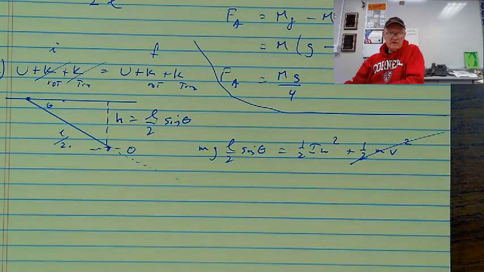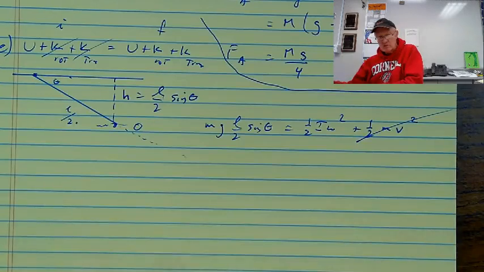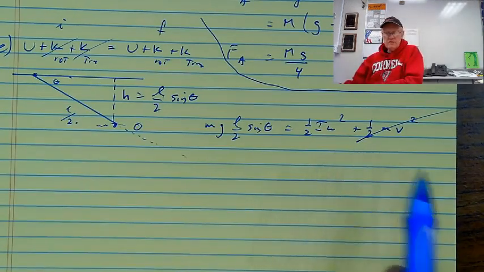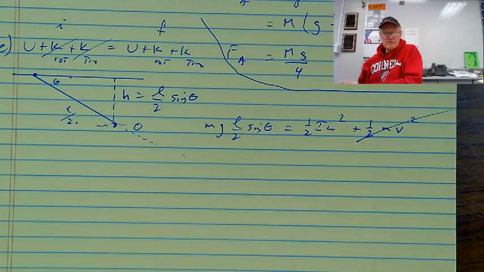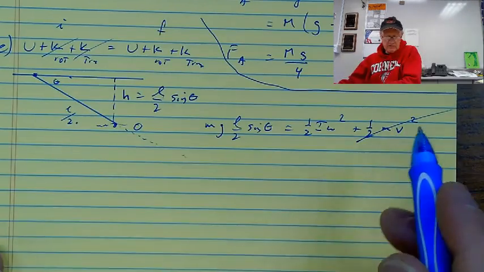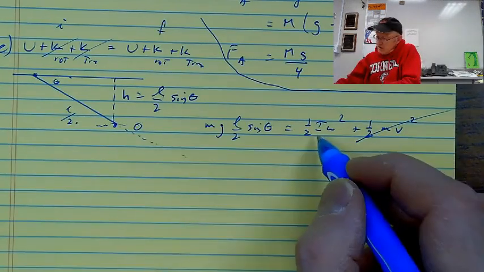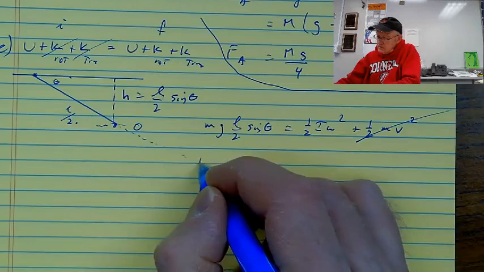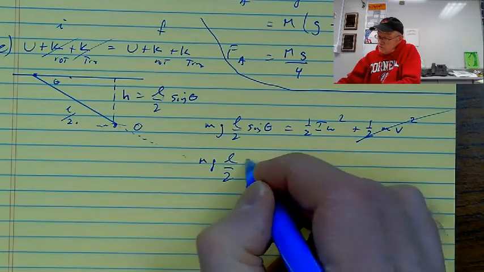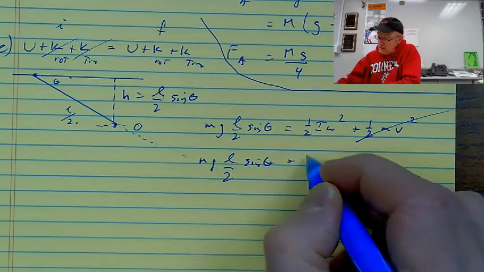Okay, so let's equate some stuff. We do have a value for I. So mgL over 2 sine theta is equal to 1/2 times 1/3 mL squared times omega squared. And we're only looking for angular velocity, so all we need to do is clean this up and then solve for omega.